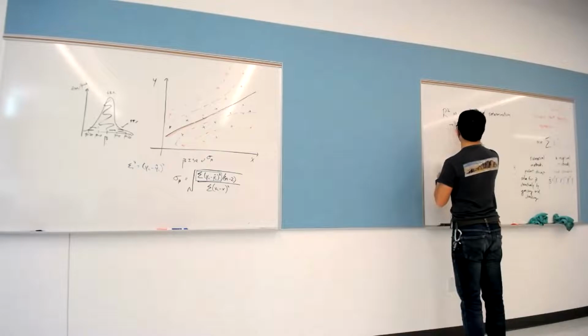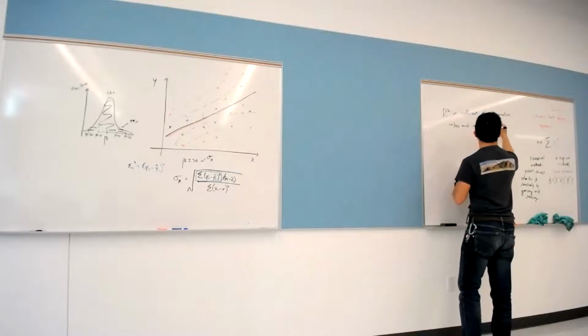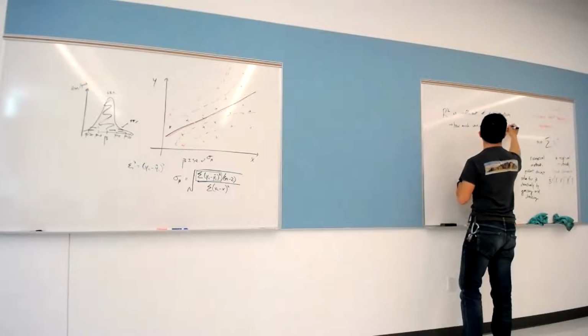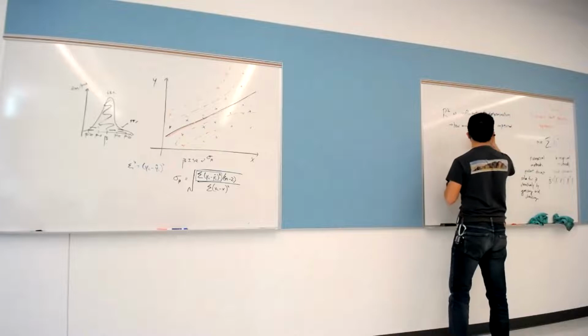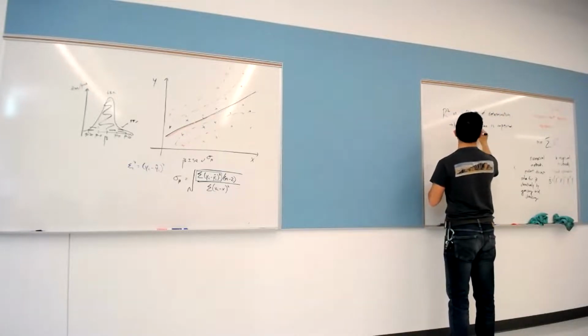This describes how much variation is captured in the model.